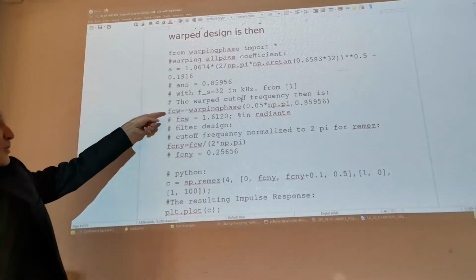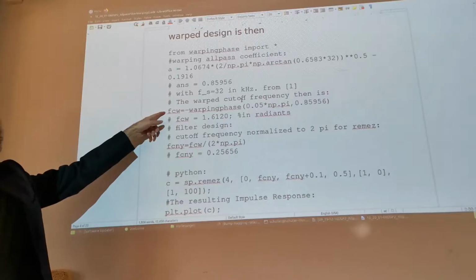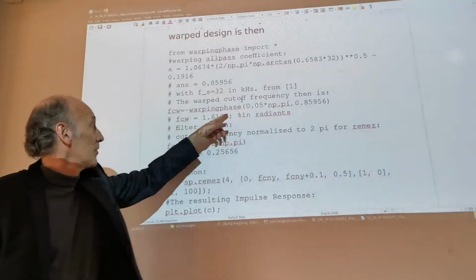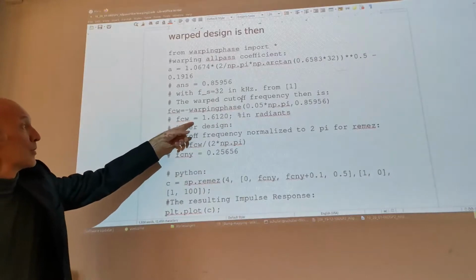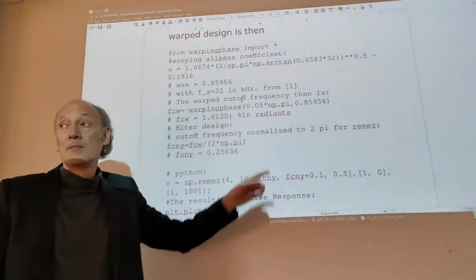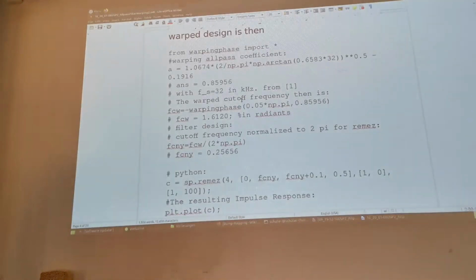So this is basically the important part here. We warp our cutoff frequency. So basically, we warp our specification for our filter. Right? And as a result, we get a new cutoff frequency of 0.6 in radians. And so this is about pi over 2, roughly.